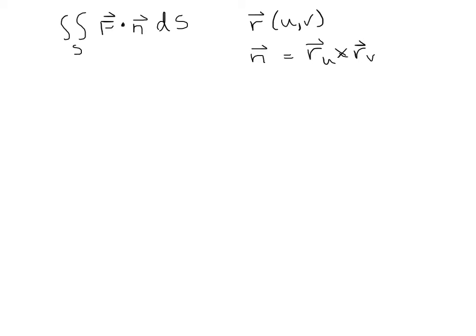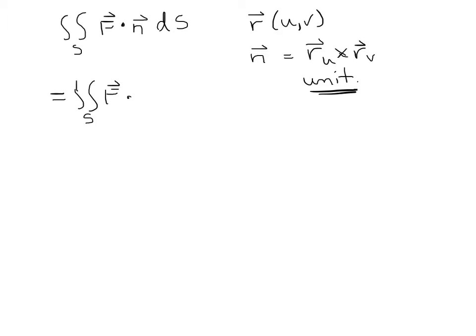So if I now apply this surface integral of a function, I'm going to have the double integral over my surface of the vector field dotted with, I want to make it a unit normal vector so that it's not scaled.